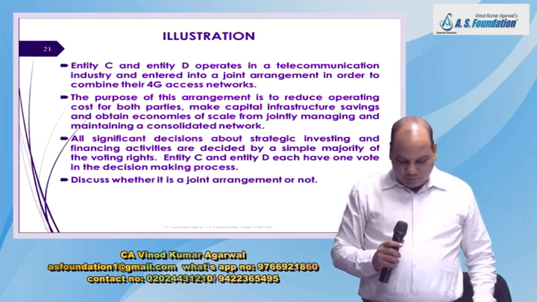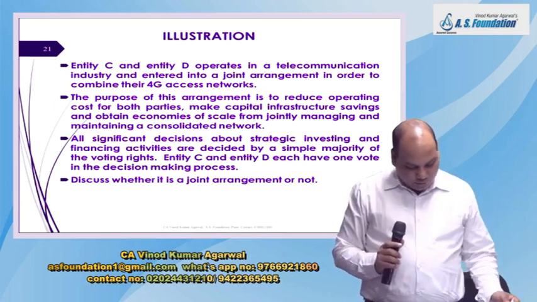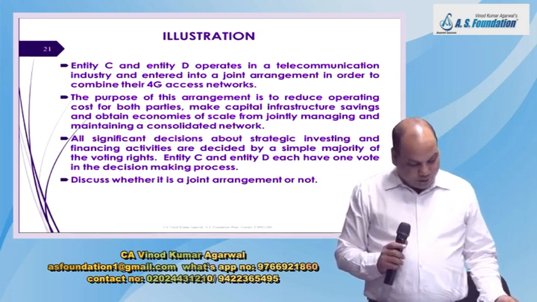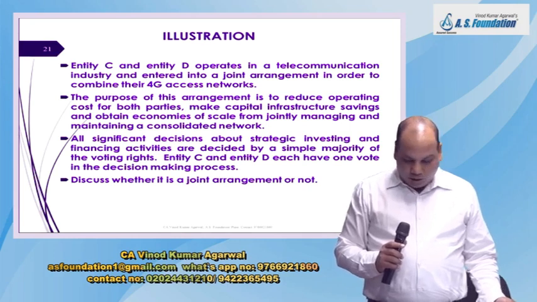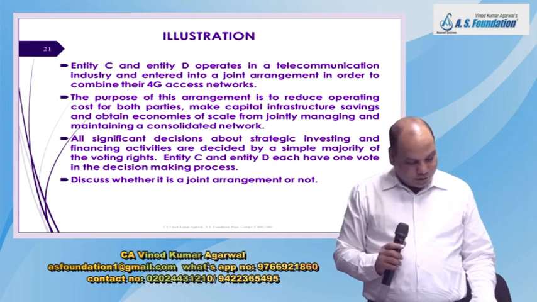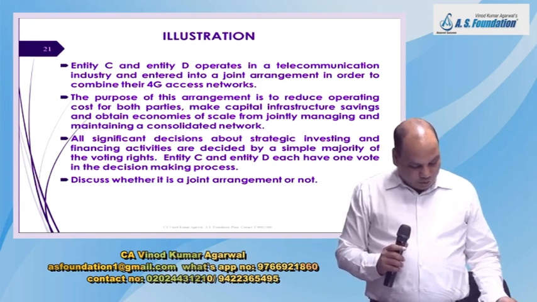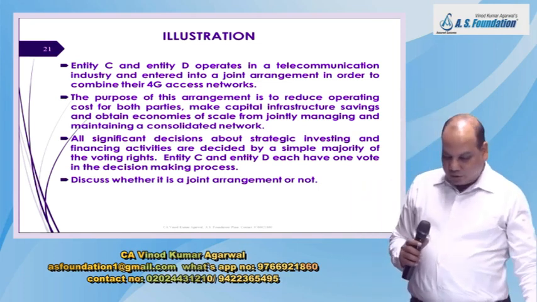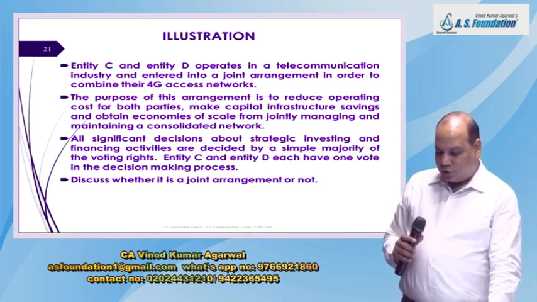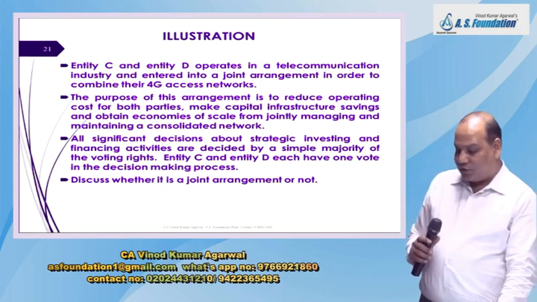Now, dear students, we'll discuss one more practical example. Entity C and entity D operate in the telecommunication industry. Question number 17. They entered into a joint arrangement in order to combine their 4G access network.